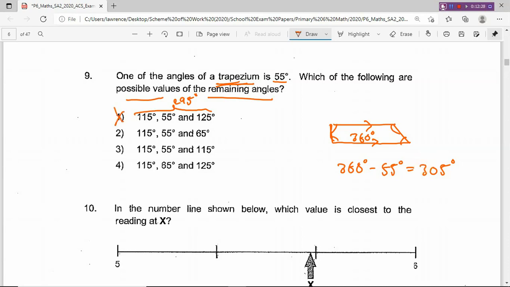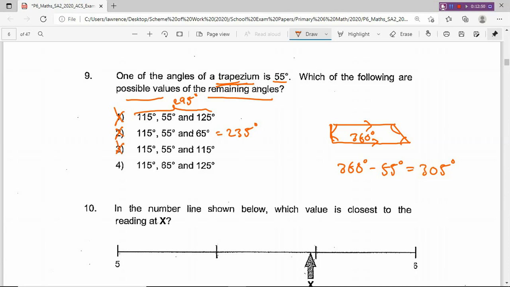How about number 2? You take 115 plus 55 plus 65. Oh, you get the answer wrong. So the answer is also not correct because if we add them together, that will give you 235 degrees. Then keep going and see which numbers add together to 305 degrees.